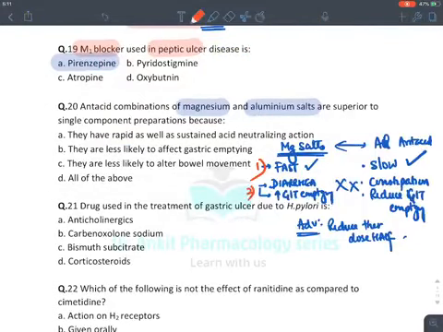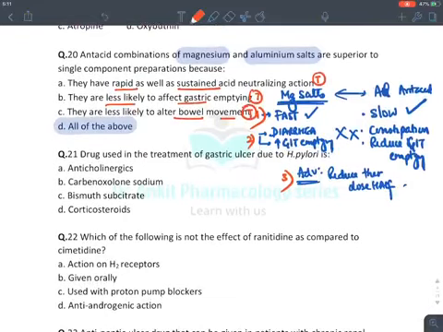It will have negligible effect on GIT motility, and we can reduce the dose of the drug. Okay, so the answer for this question number 20 comes out to be all of the above. So let's see, they have rapid as well as sustained effect. It's absolutely true. They are less likely to affect gastric emptying. It's absolutely true. And bowel movement, true.